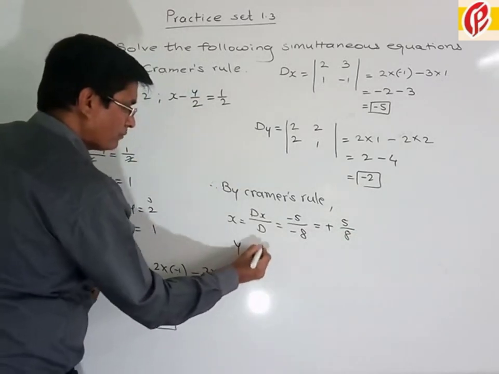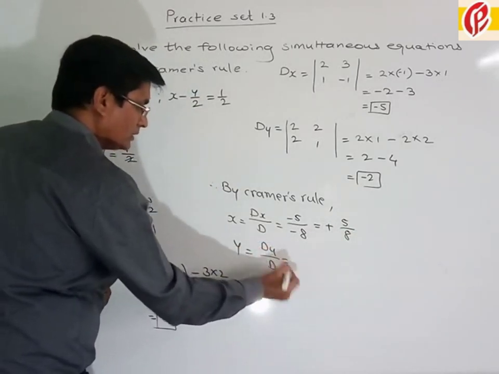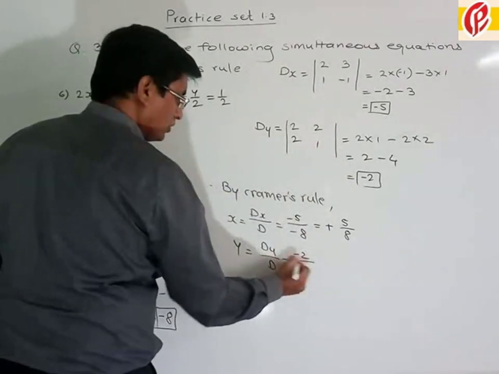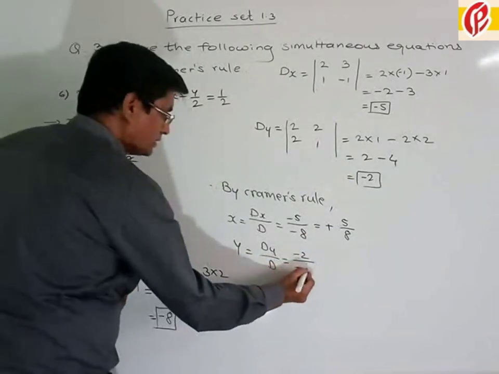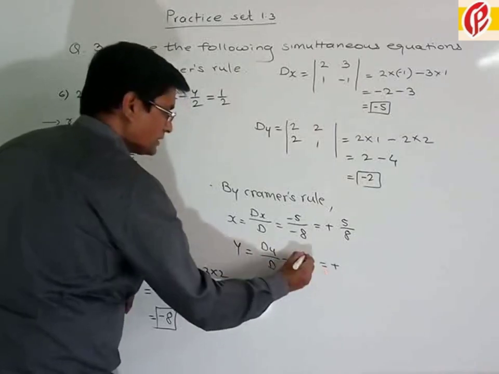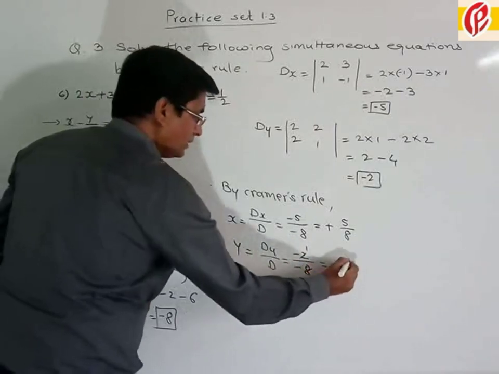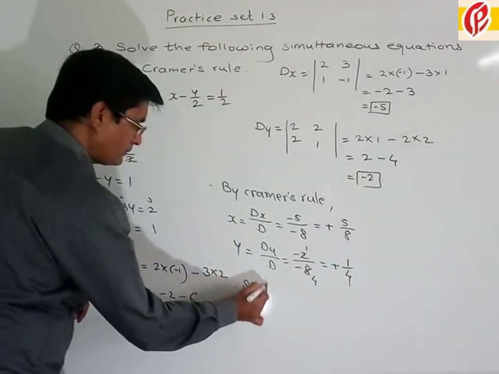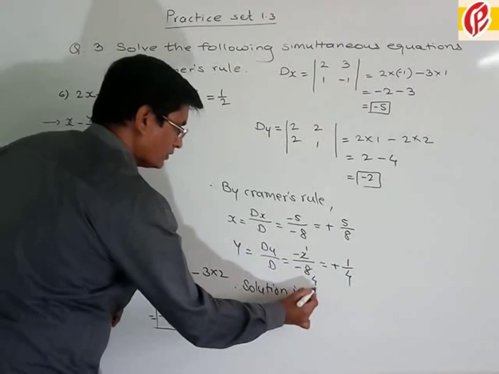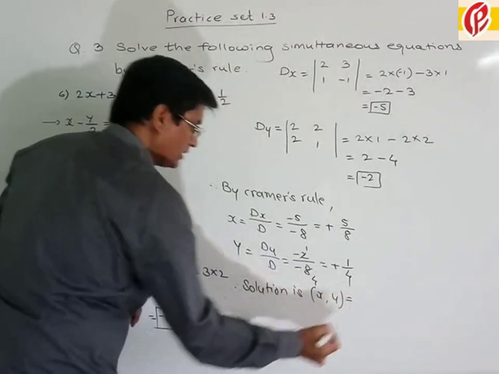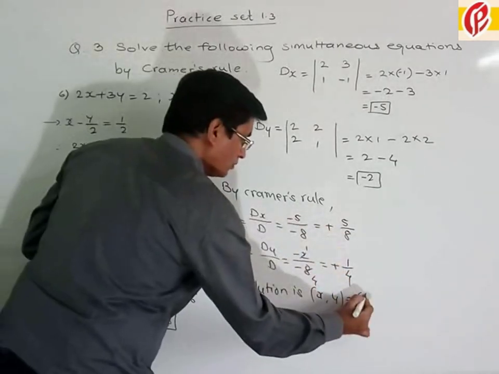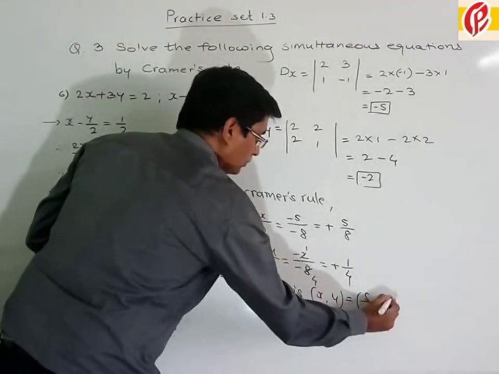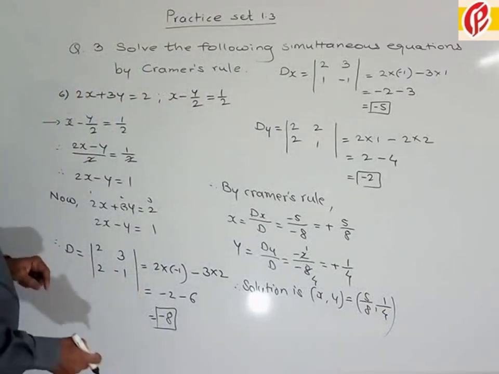And what is the value of y? dy upon d is equal to, so dy is minus 2 upon d is minus 8. So minus minus is plus, 2 1s are 2, 2 4s are 8. So 1 upon 4. So therefore the solution is x comma y is equal to, the value of x is 5 upon 8 and the value of y is 1 upon 4.